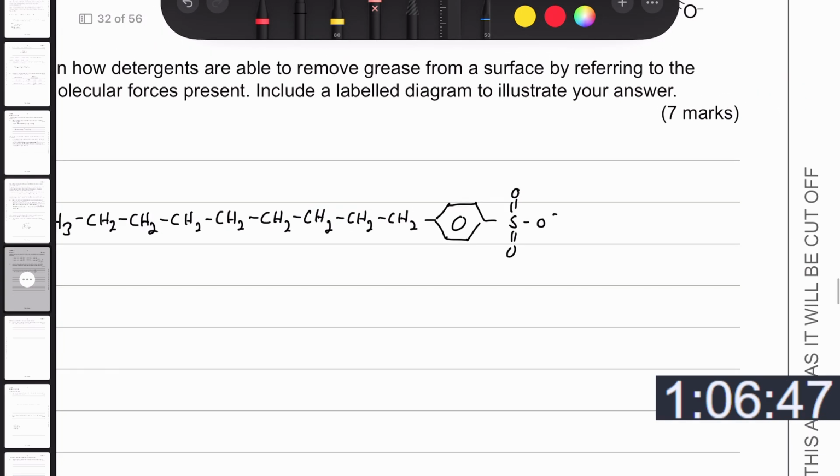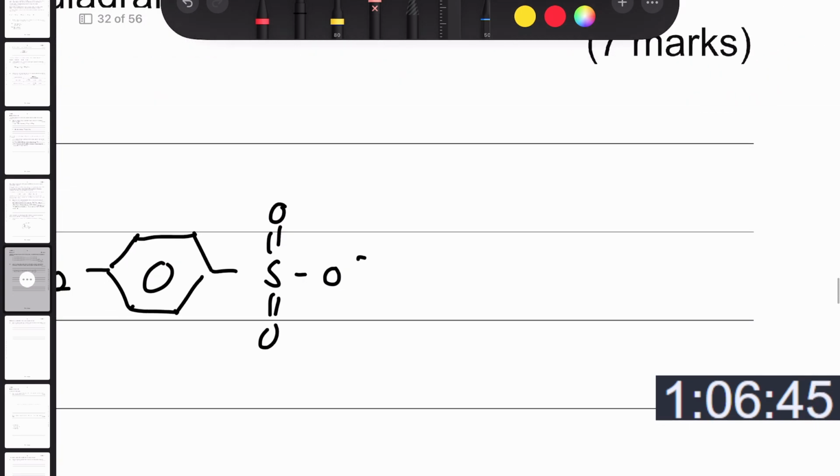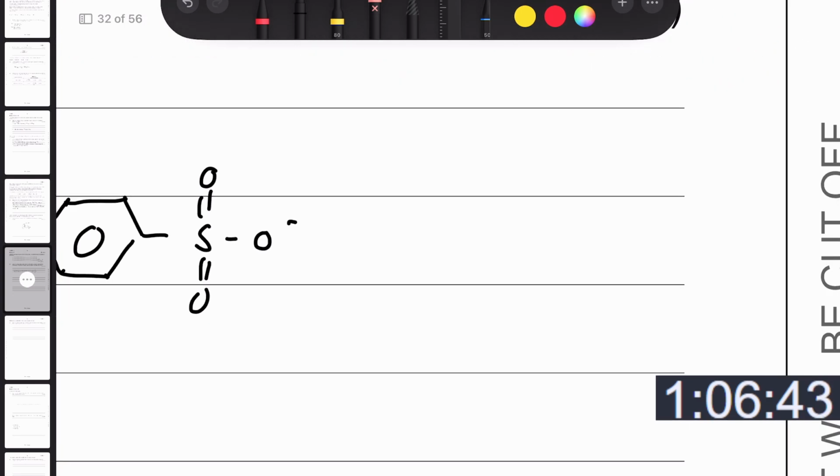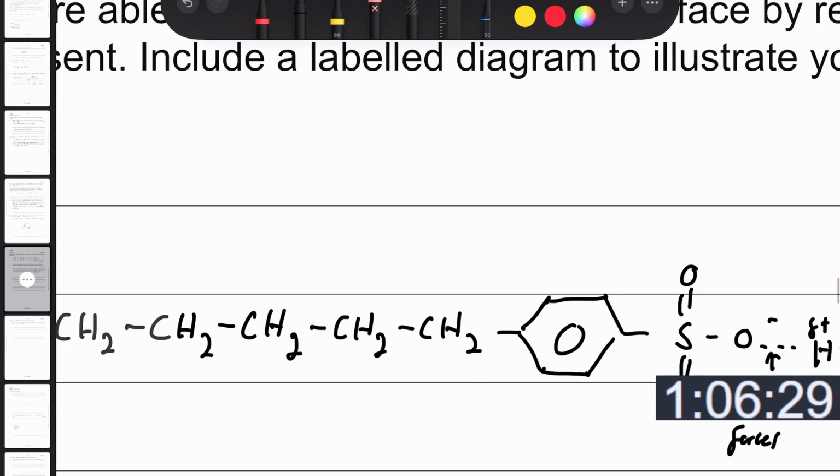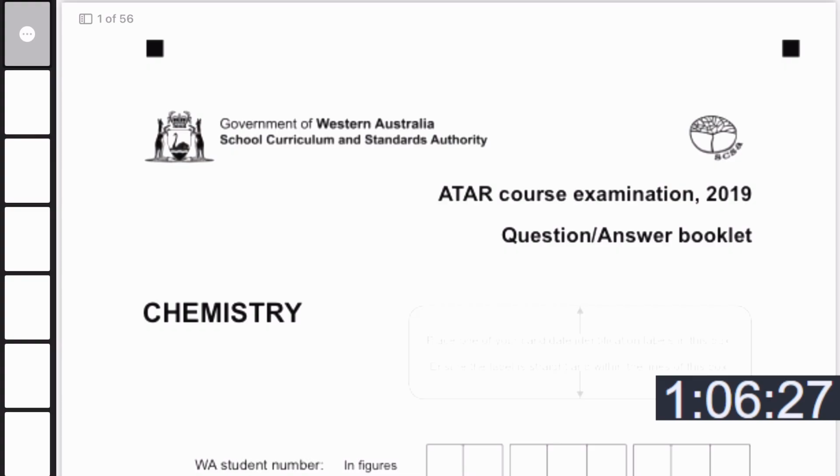SO minus. And here I'll do the H plus. Delta positive. Ion dipole forces.